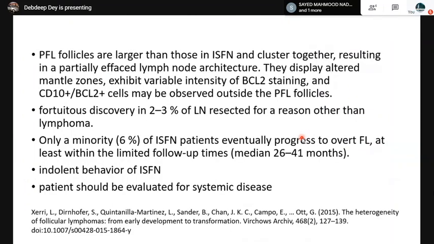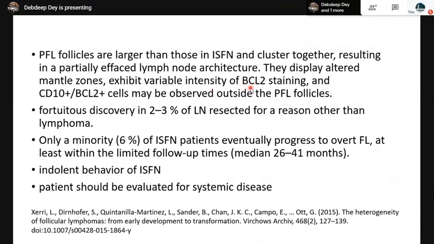So what is the difference between in situ follicular neoplasia and partial follicular lymphoma? Partial follicular lymphoma follicles are larger and they cluster together, resulting in a partially effaced lymph node architecture. They display an altered mantle zone and exhibit variable intensity of BCL2 staining.